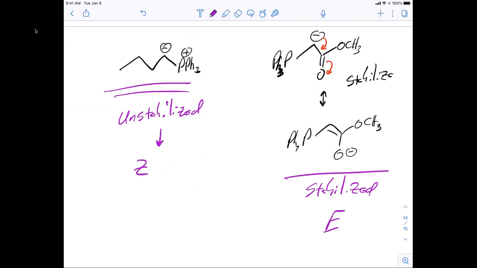That has to do with the fact that since it's stabilized, it can rotate to give us the more stable product, right? So the Z gives us the most stable transition state. The E is giving us the most stable product, okay? So with unstabilized, the transition state drives the products. With stabilized, the stability of the products drives the products.